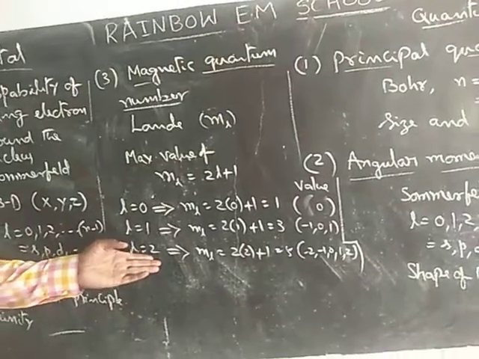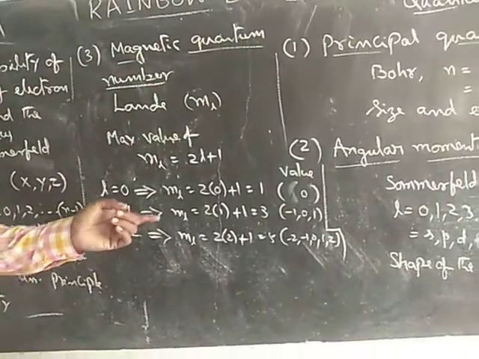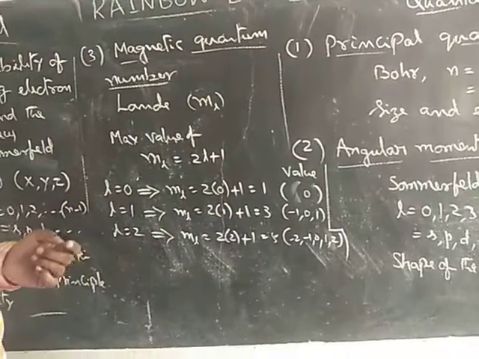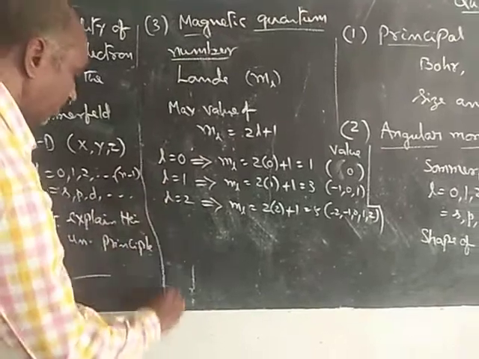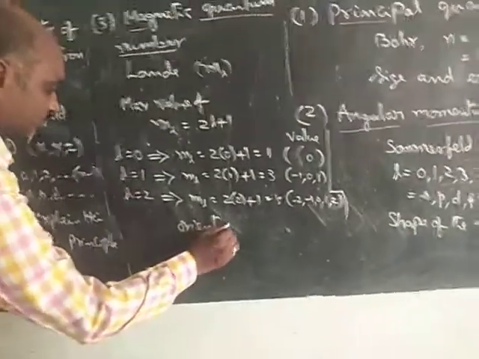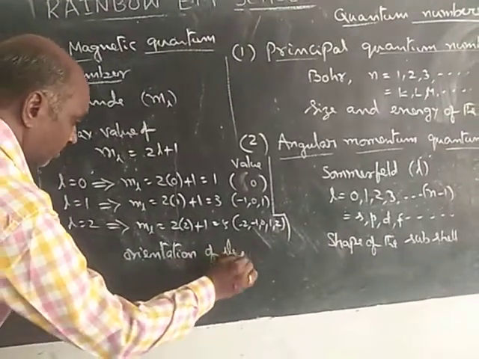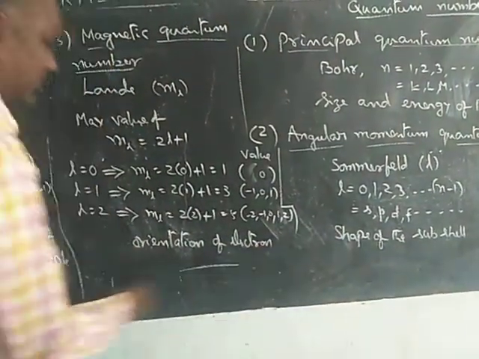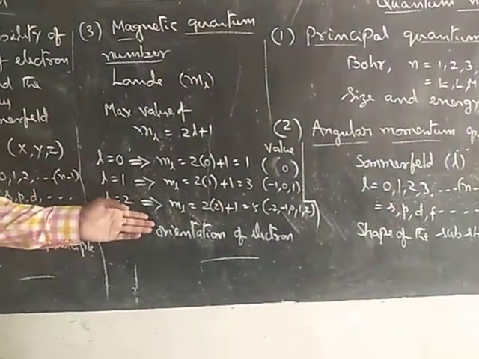Suppose L value 3 means f orbital, those values are -3 to +3. So this quantum number explains the number of degenerate orbitals, or orientation of the electron. Scientifically we can say this quantum number indicates orientation of the electron.